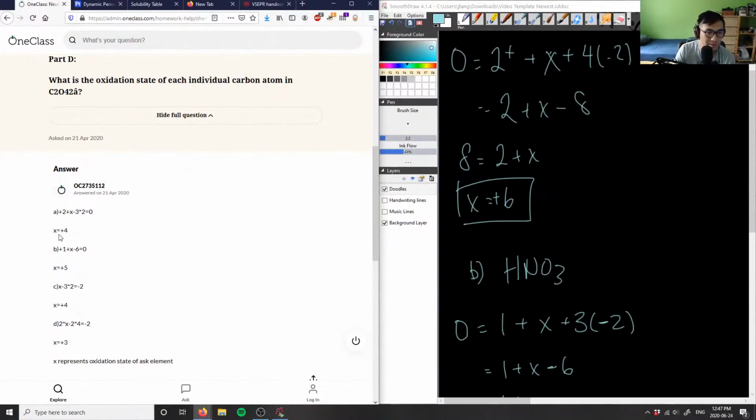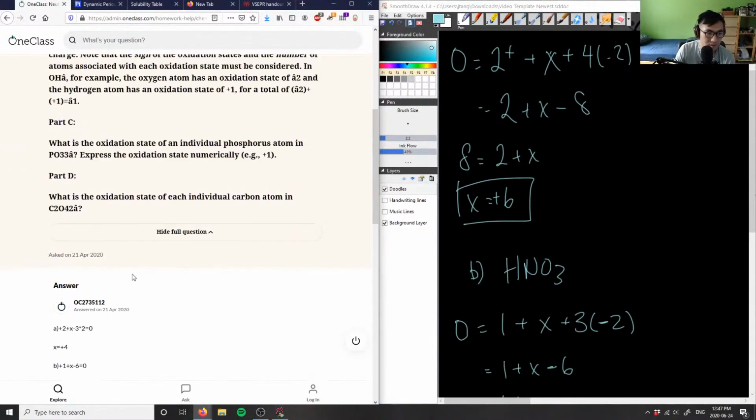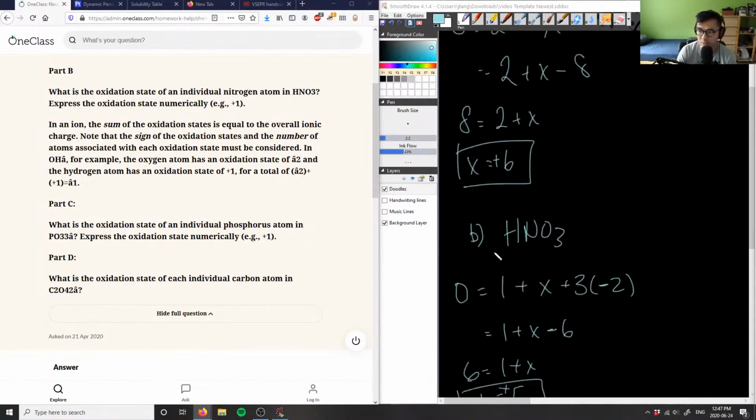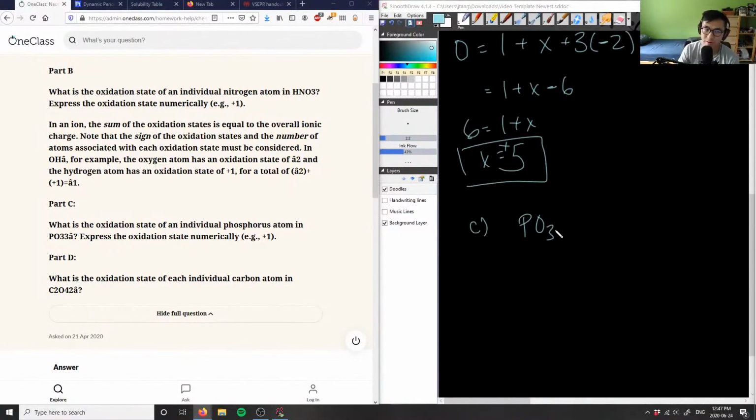This should have been 6 here, so I think they messed up this answer here, but the second one's correct. I don't know if that's PO3 plus or 3 minus here. Let me just check. PO3 3 minus. I want to say it's a 3 minus charge, because that would mean it's a phosphite ion. So let me just say it's a 3 minus here.